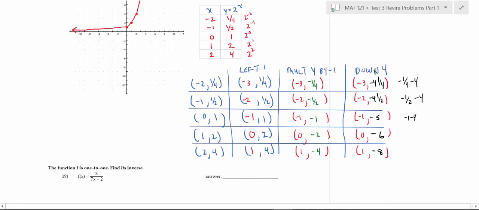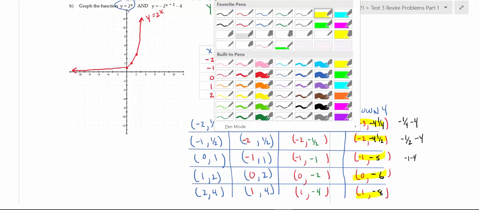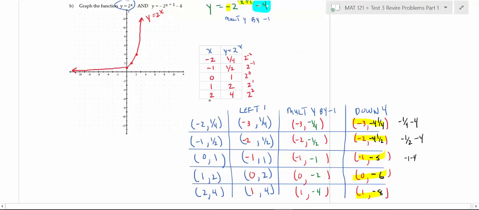So what we want to do is go to our graph now. We want to plot these points, and then we've got the problem done. Okay, so that's what I'm going to do. I'll just pick another color, like say green. So if I plot the point 1, negative 8, that's going to be there. If I plot the point 0, negative 6, got that point. Negative 1, negative 5.